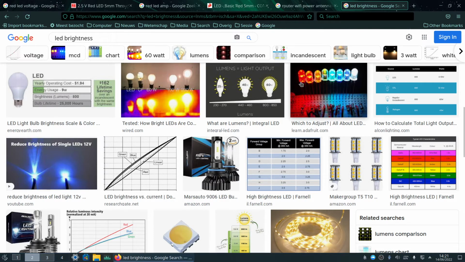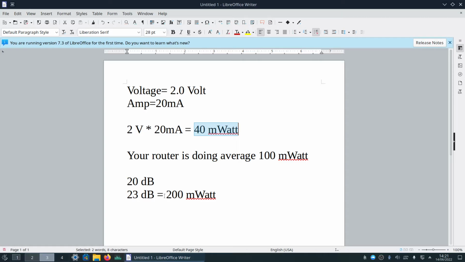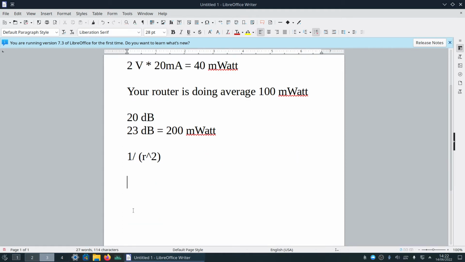It does not hurt your eye. If you get closer, there is a law, and that law is R squared, where R is the distance, and it is 1 divided by R squared. The distance is in meters.